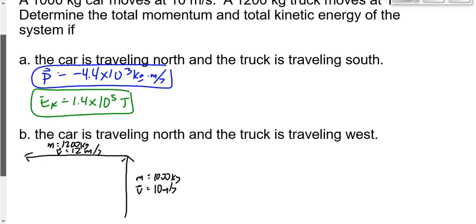Let's get the momentum of the truck. That's easy, right? 1,200 times 12 is 14,400. And the momentum of this car is 10 times 1,000, which is a nice, easy round number, 10,000 kilograms meters per second.